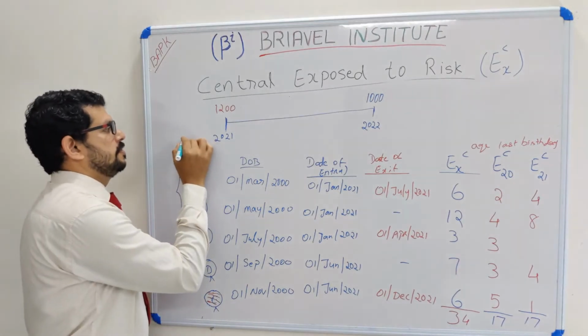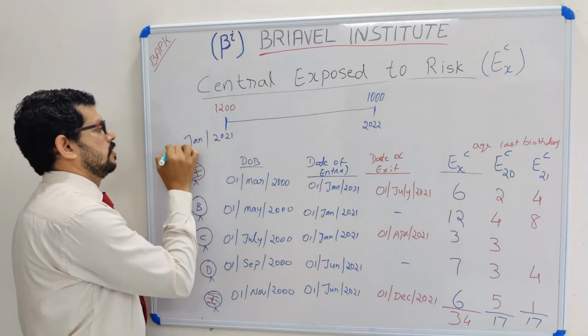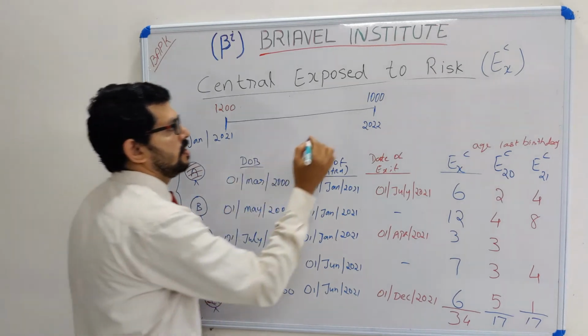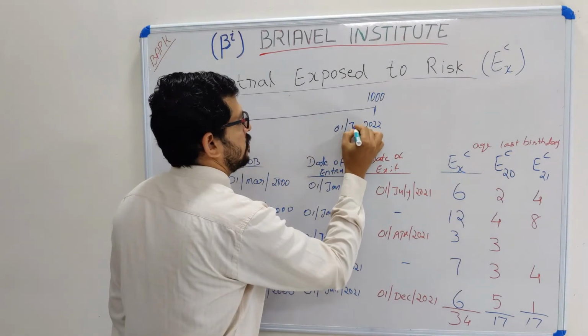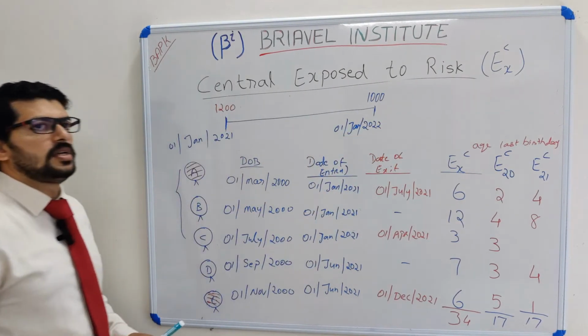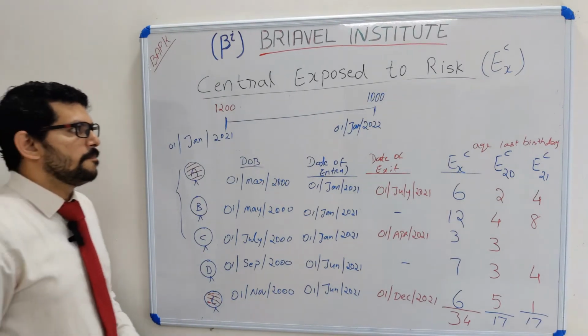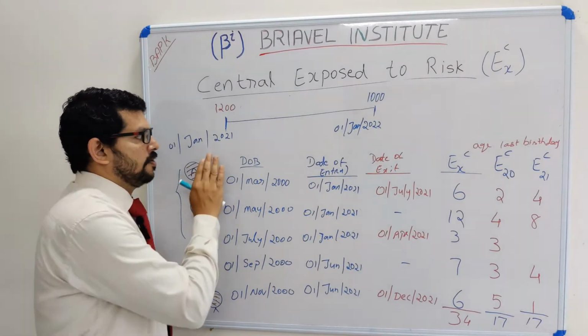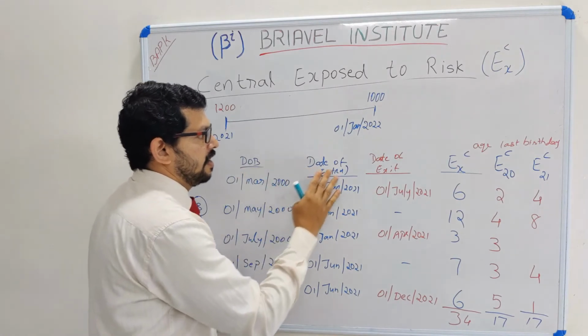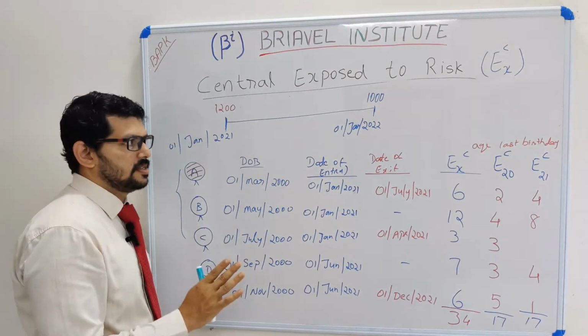This one is 1st January, and here also 1st January. So 1,000 tigers are there. Now we don't have date of birth, date of entry, date of exit. Nothing is there.